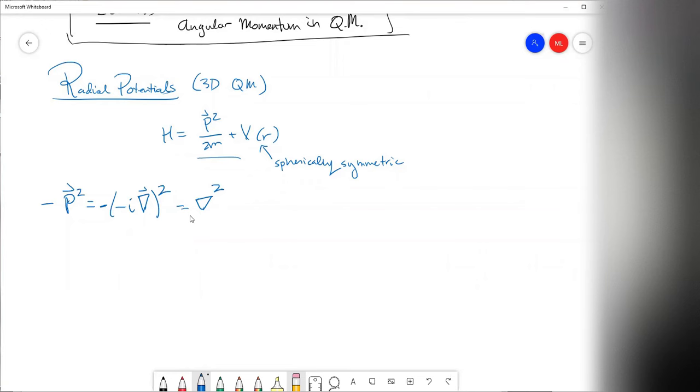And then you can go in a book like an E&M book or whatever other book that gives you what this is in spherical coordinates. And what you would find is that it looks like this. I'm writing it so that you multiply by r, and then you take two derivatives and you divide by r. And then there you got this part. And now this is going to start to look vaguely familiar because I wrote this down before.